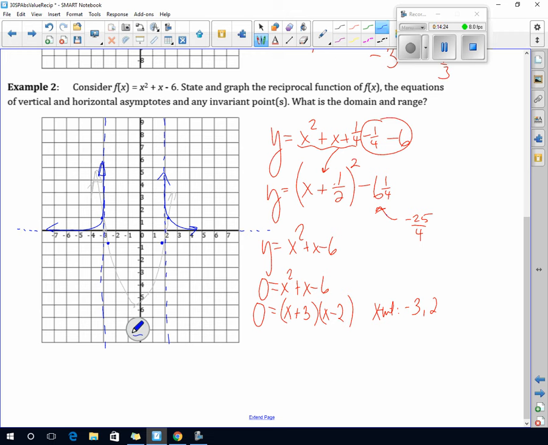So it's going to become big negatives, and then where is this minimum going to become a maximum? Well, what's that height right there? Negative 6 1/4. Remember, negative 6 1/4 was really negative 25/4. So we're going to flip negative 25/4, and what does that become? Yeah, negative 4/25. It's just not going to be 0, right? So as long as you have it in the right spot there.